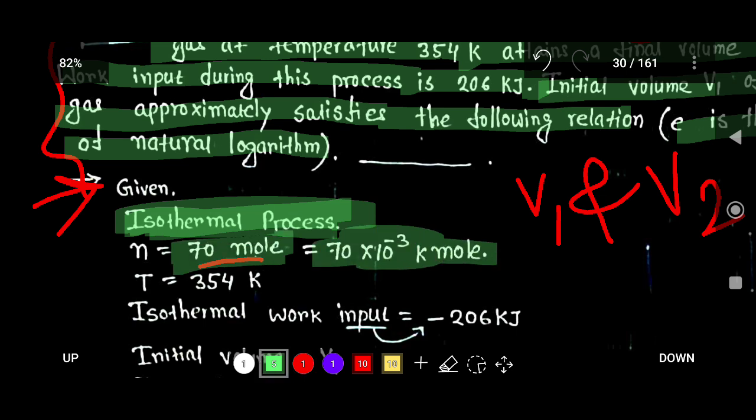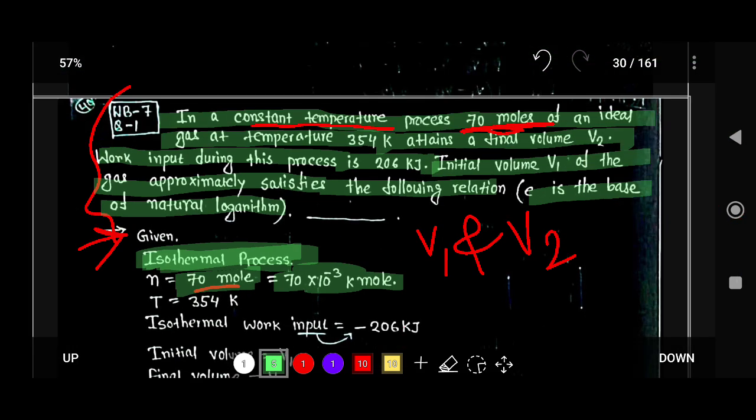Next, the ideal gas is at temperature 354 Kelvin. So the temperature of the isothermal process is T equal to 354 Kelvin.